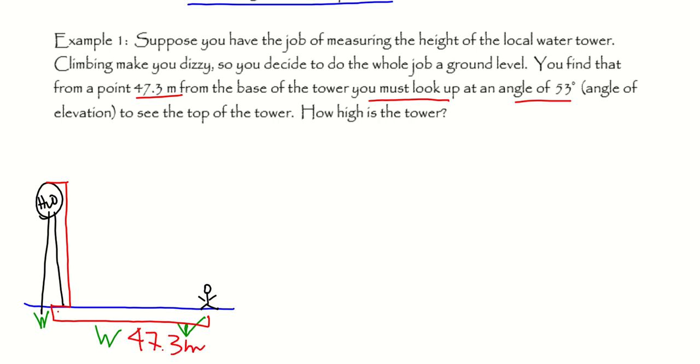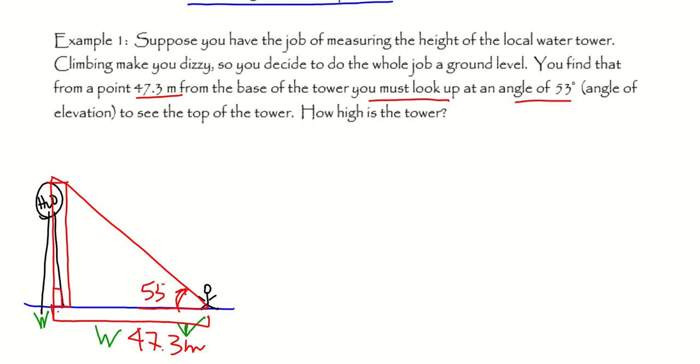You are looking up to the top of that tower, at an angle of 53 degrees. So this angle is 53 degrees. An angle of elevation always goes from the horizontal, rotating up, elevating.